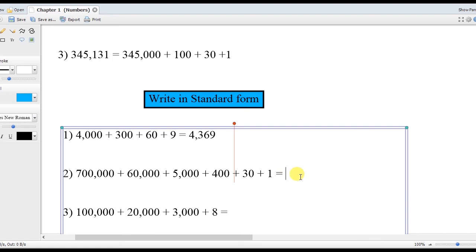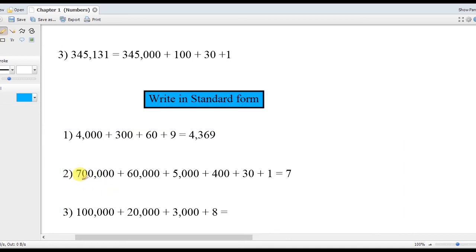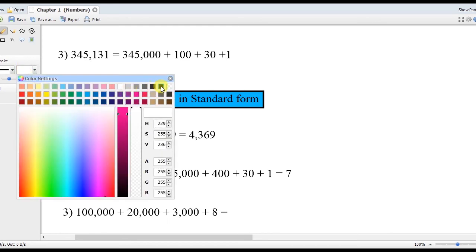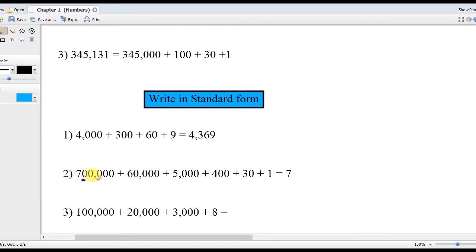Next, 700,000. So just write 700,000, and after that, see, there are 5 digits here. There are 5 digits, so the next number is also carrying 5 digits. At this place you simply put 6, right?